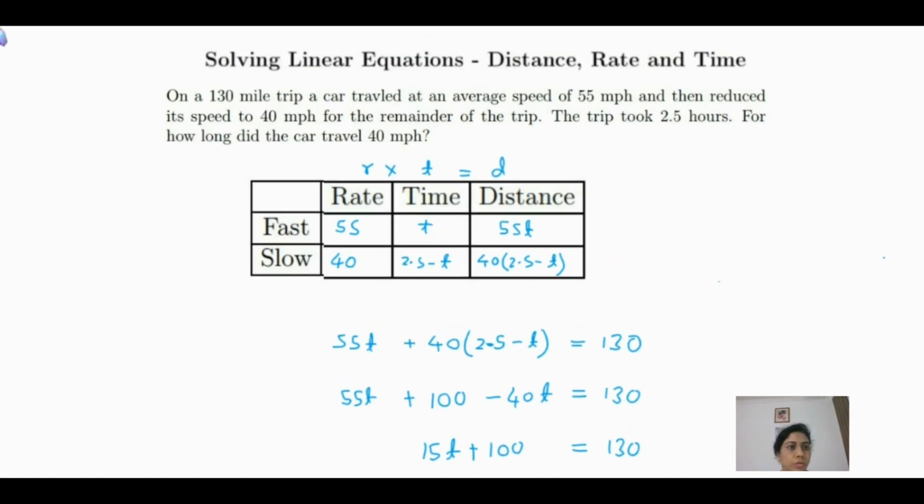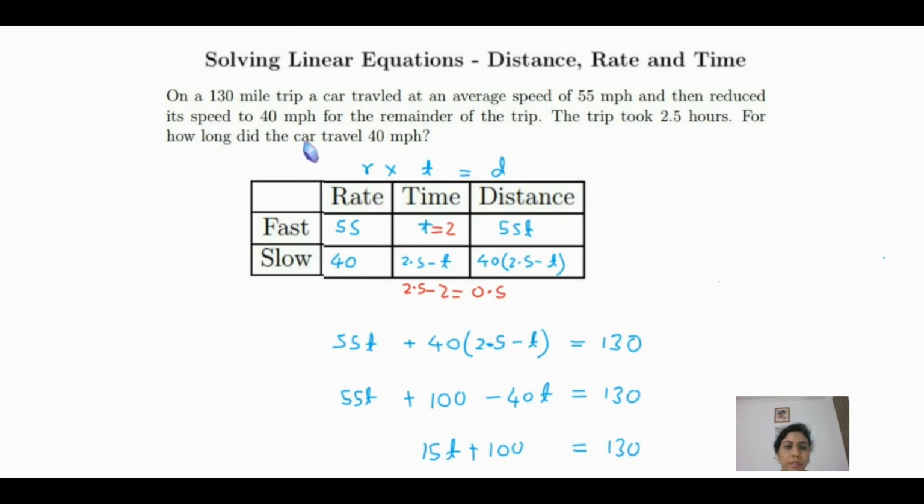Okay, so here the t value is 2, and for the slower time, 2.5 minus the t value, 2, we get 0.5. And the question is asking for 40 miles per hour.